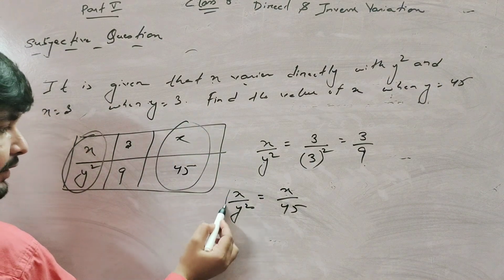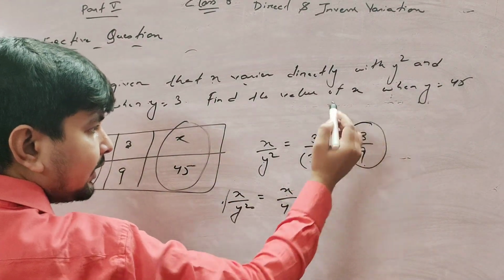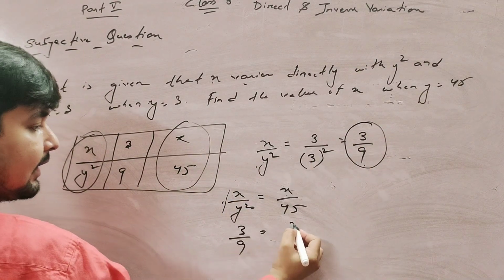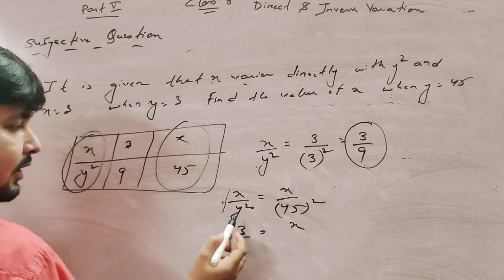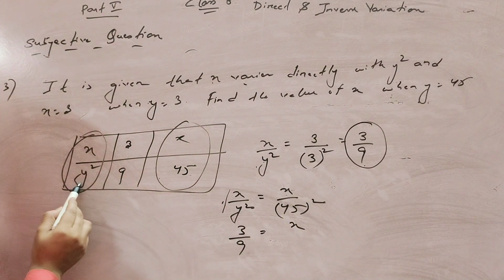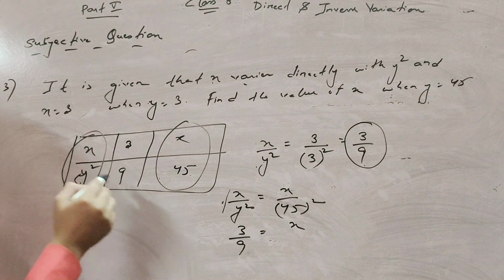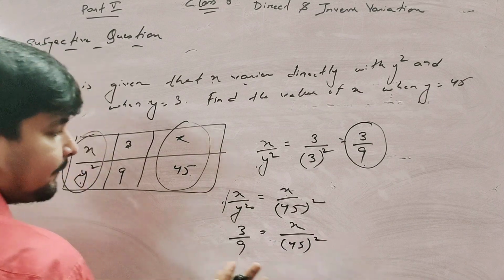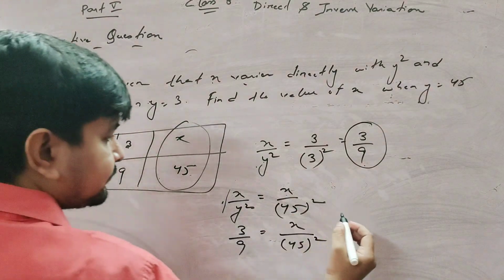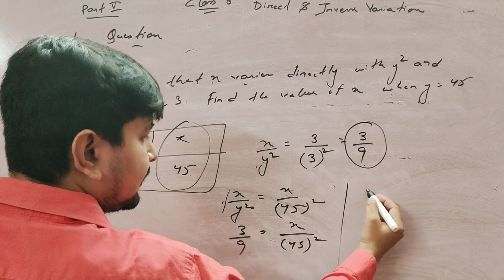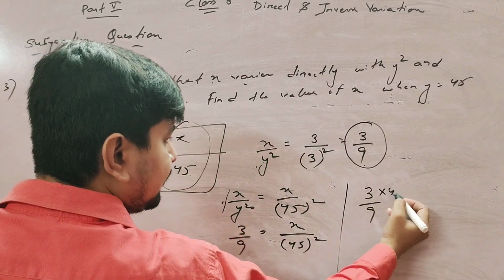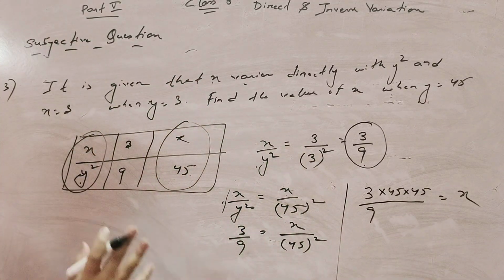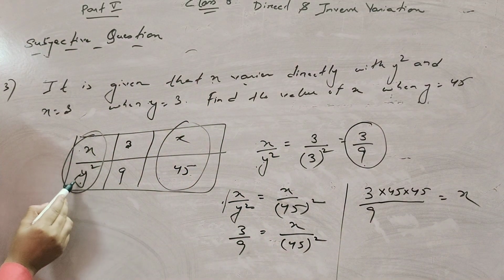So in place of this one we write down easily 3 upon 9, because the x upon y square value we get is 3 upon 9, and this 45 also gets squared, because whatever the value of y, it gets squared, because here the variation is with y square. So 3 upon 9 into 45 equals x.